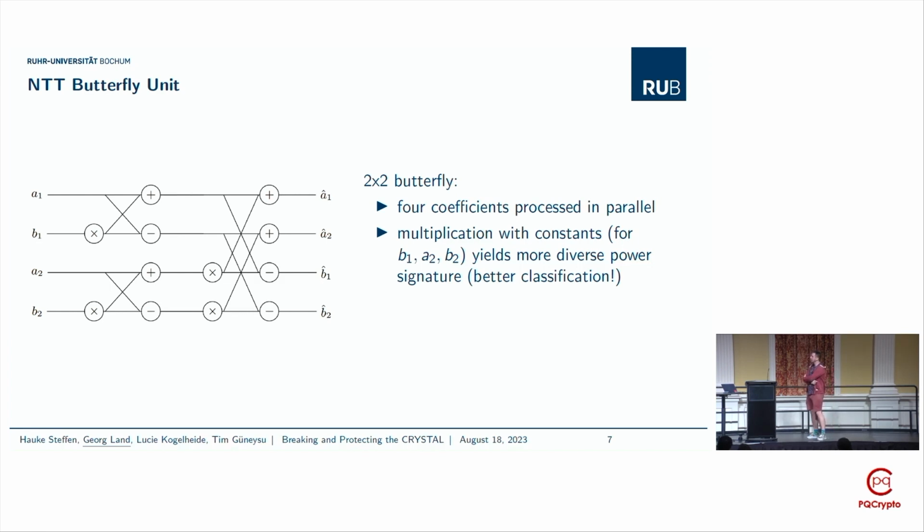You can see the coefficients B1, A2, and B2 are multiplied by the twiddle factors, and A1 is the only one that's not. This multiplication yields an even more diverse power signature. So we expect that when we include this first NTT stage into our attack, it yields even better results.